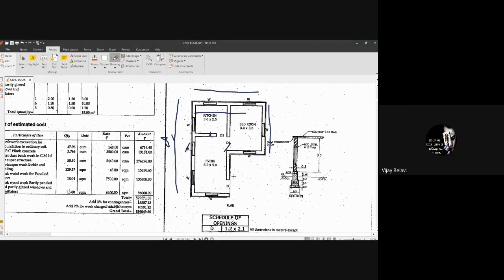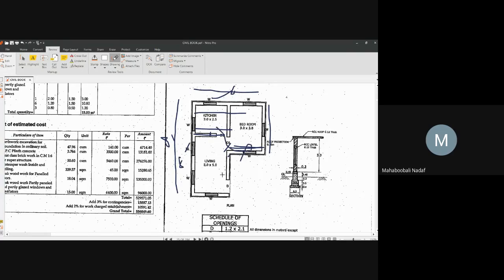Now see here. To get the total center line length, 8.1, 8.1. Correct? 2 times 8.1. Now this is 6.6, and this plus this is also 6.6. So you need to add 6.6 twice: one 6.6 and a second 6.6.